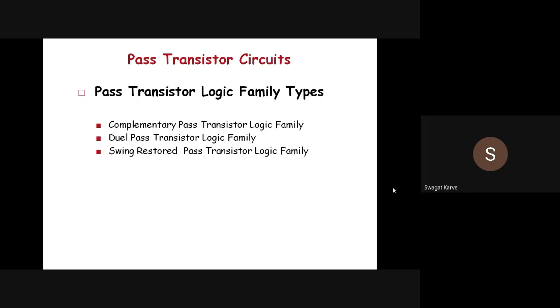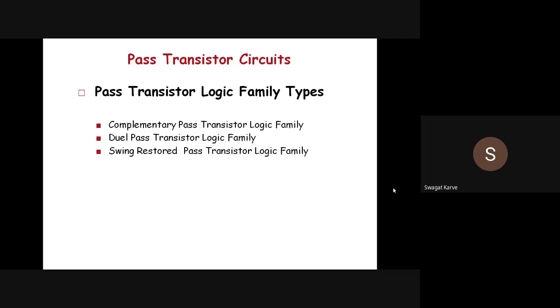Now, what are the different types of pass transistor logic family that you have? So you have a complementary pass transistor logic family. This is the first type. Second, dual pass transistor logic family. And third, it's a swing restored pass transistor logic family. So these three are the basic types of the PTL, that is pass transistor logic family.